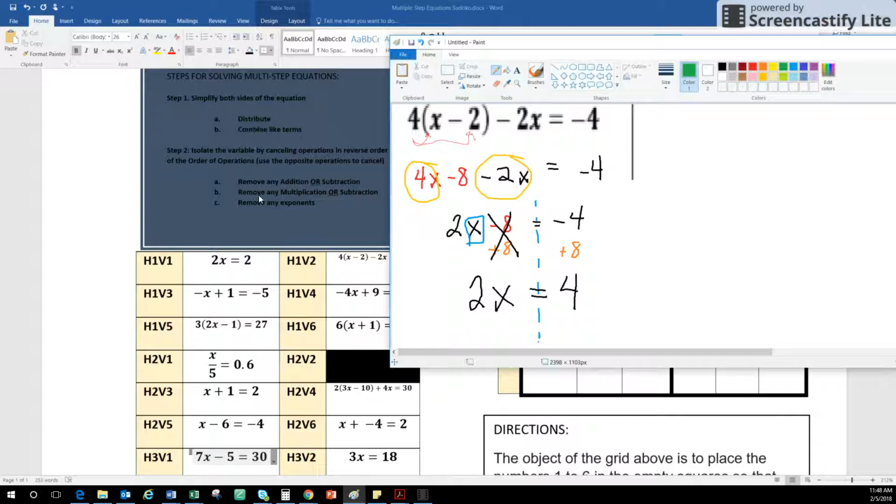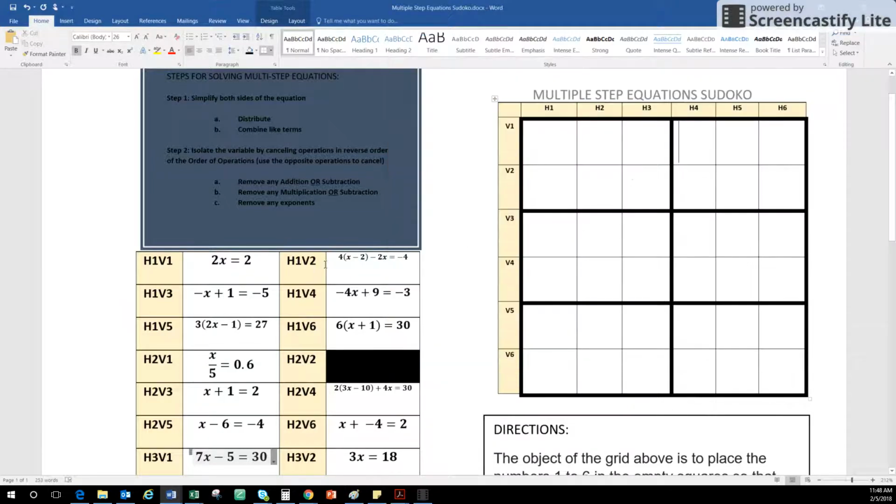And lastly, I'm going to get rid of any multiplication or division. So I would divide both sides by 2. And I wind up with x equals 2.